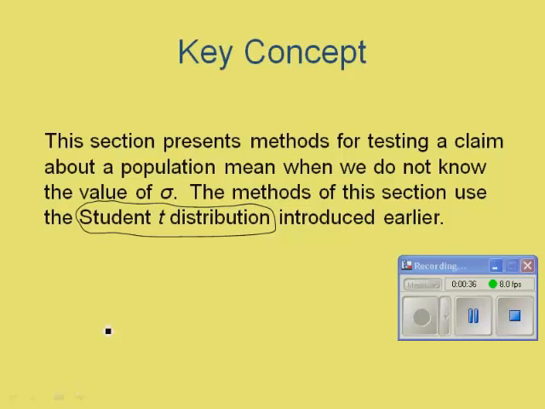Do you guys remember that? That was a different distribution that we talked about. We used this if you're trying to find what? Finding mu, right? If you're trying to find the population mean, we had to use a different distribution.